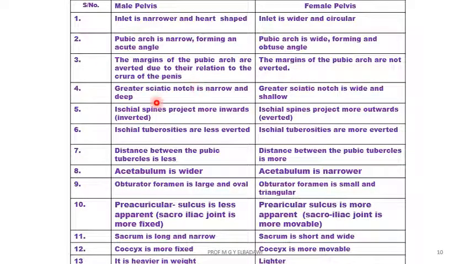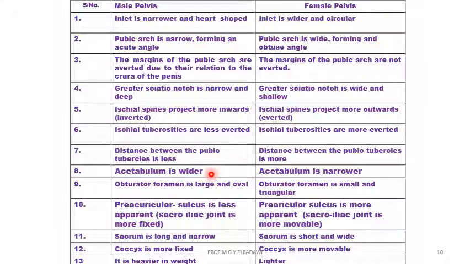The greater sciatic notch will be narrow and deep in the male, wide and shallow in the female. Ischial spines will project more in the male than in the female, and they are inverted in the male. Ischial tuberosities are everted, but more everted in the female. The distance between the two tuberosities will be less in the male than in the female.